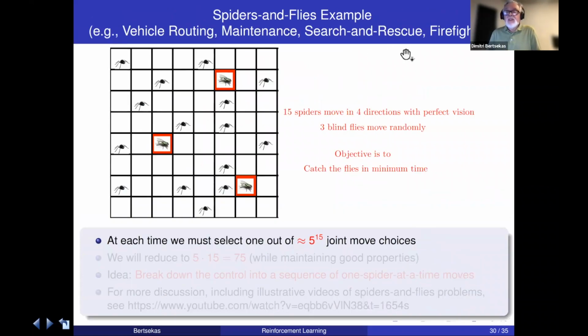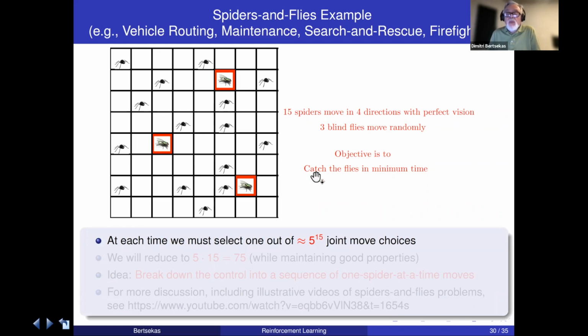Okay, so this is a fun example. It involves spiders and flies. And the spiders are trying to catch the flies. In this particular picture, there are 15 spiders, and they move in the 4 directions, or they can stay where they are. So each spider has 5 choices at each time step.